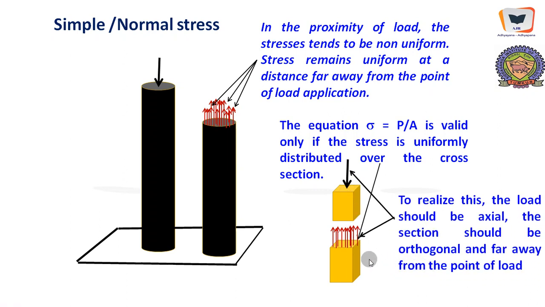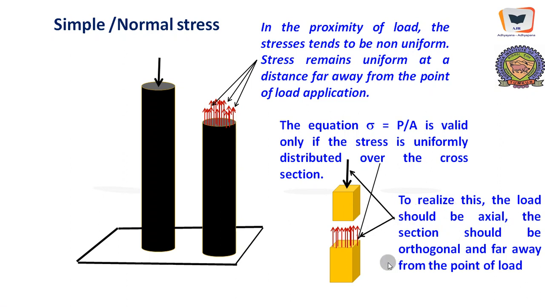This is the applied load and this is the stress shown over the area of cross section. To realize this, the load should be axial, acting along the axis, centric, acting on the centroid or center of gravity of this particular component, and the section should be a little far away from the point of application of the load.